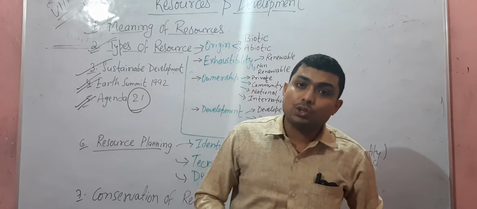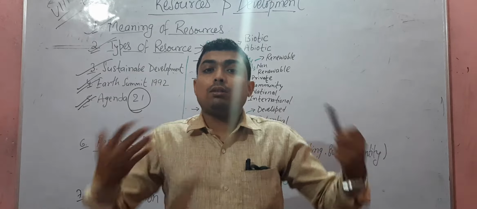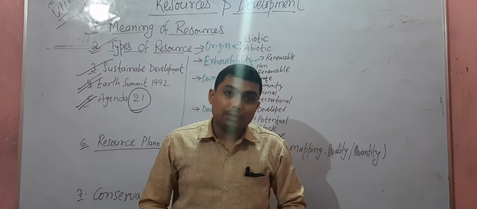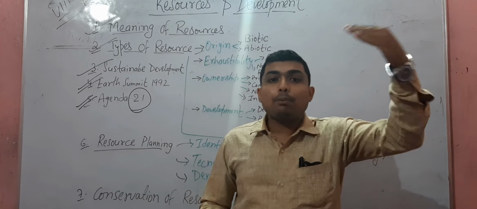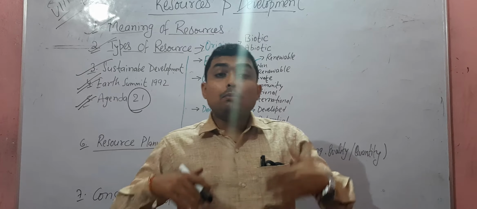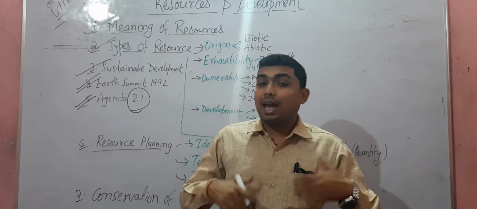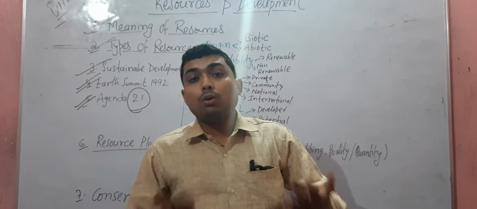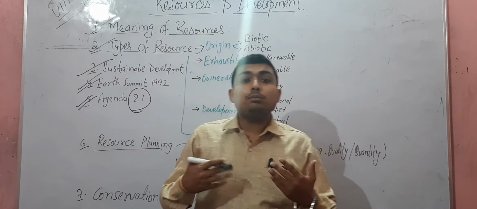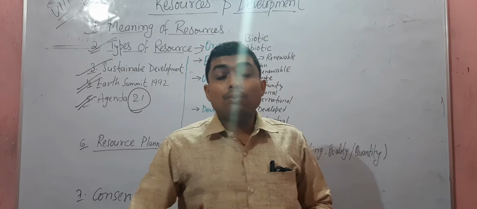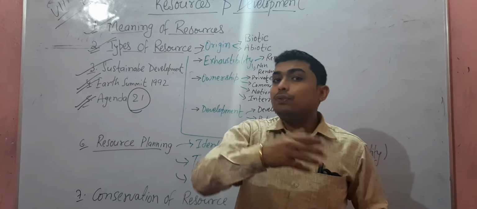In the 21st century, we become more modernized. So for this modern world and the growing population, we need more resources. So for this, we have to establish more and more factories, more and more industries. So the pollution will increase more in the 21st century.